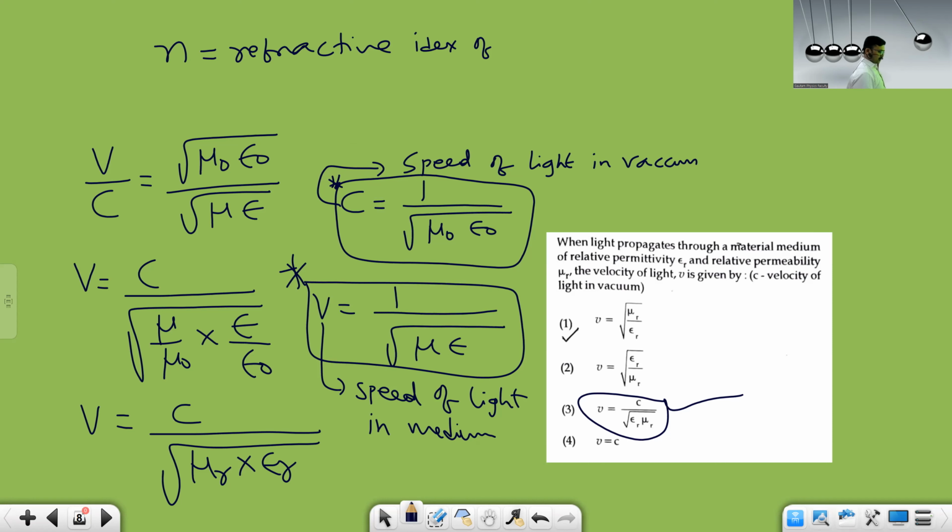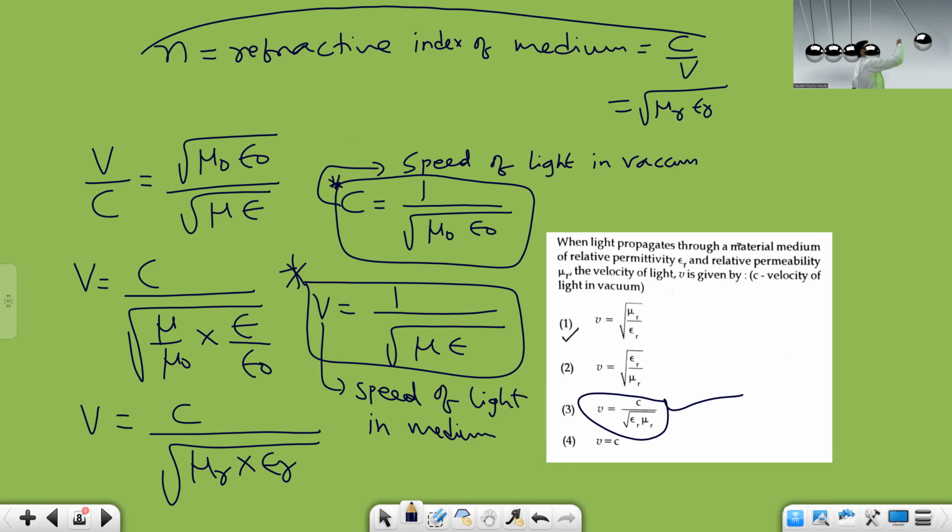Refractive index of the medium, if I write here, I can write it as N is equal to C by V, and that is nothing but 1 by, what we can write here. Simply, C by V is a refractive index. I got C by V is nothing but square root of mu r epsilon r.